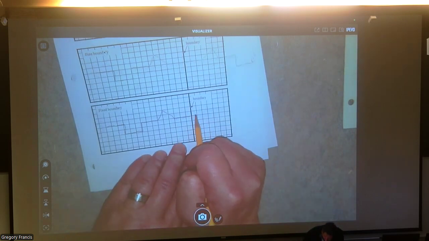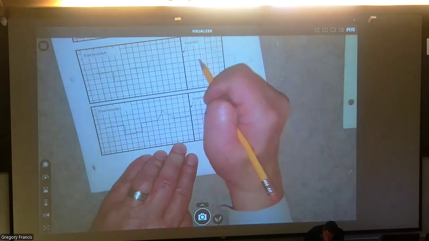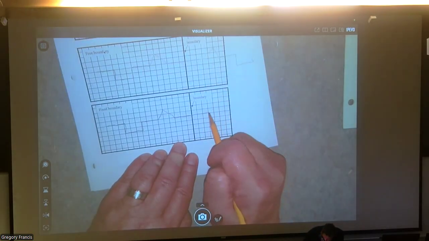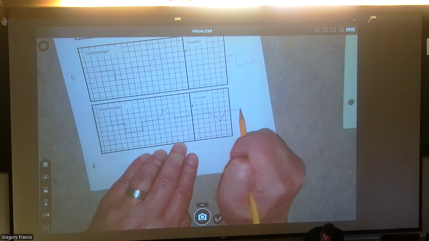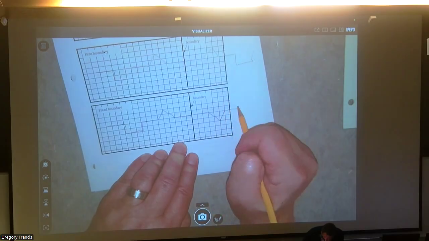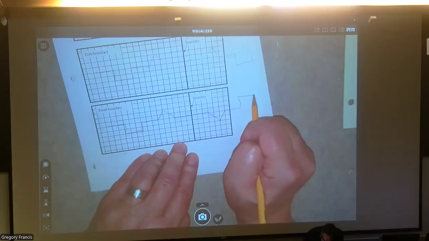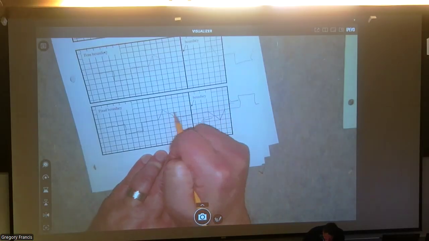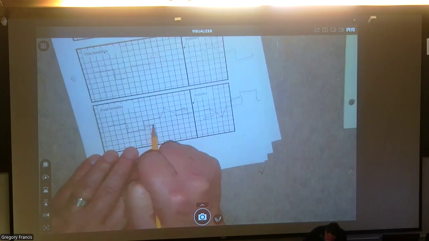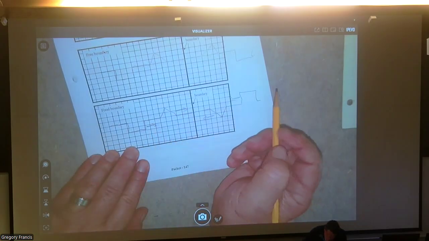So here it would be over 3, and instead of going up 2, go down 2, back, and then over. Instead of going down for the square, I'd go up. These pulses are going this way, and at the same time, those are going that way.